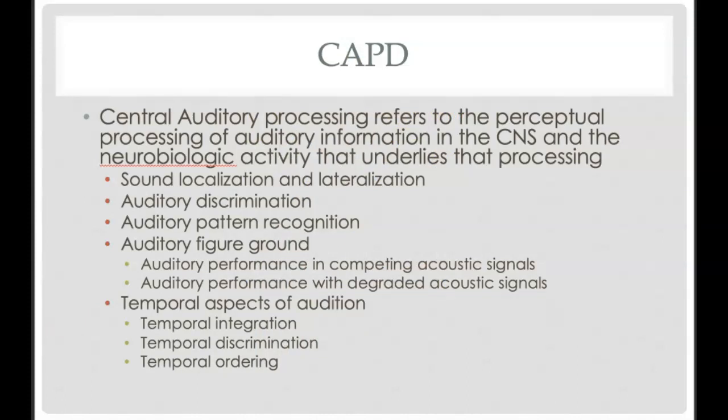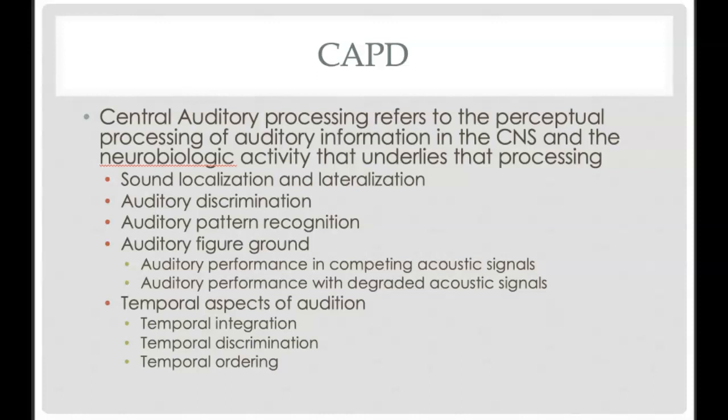So here are some areas of auditory processing testing and skills. We have sound localization, auditory discrimination, and auditory pattern recognition, being able to recognize different auditory patterns. One test is the frequency pattern test, where they present three tones, two the same and one different.